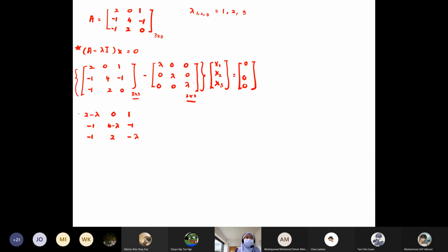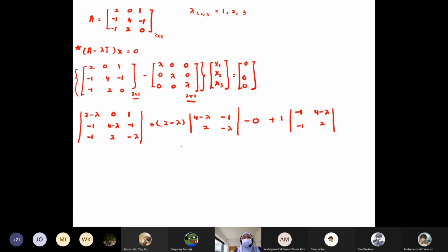After that, I find the determinant of this matrix. Finding the determinant means you have 2 minus lambda multiplied by 4 minus lambda times minus lambda minus 1 times 2, so minus 0, plus 1 times minus 1 times 4 minus lambda minus 1 times 2.